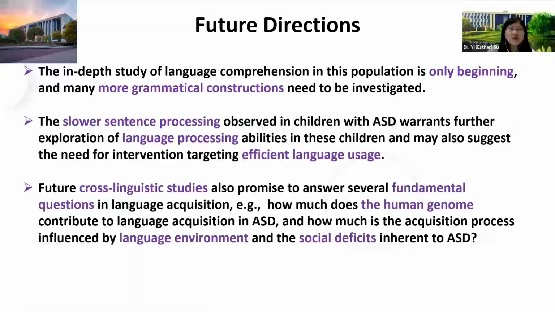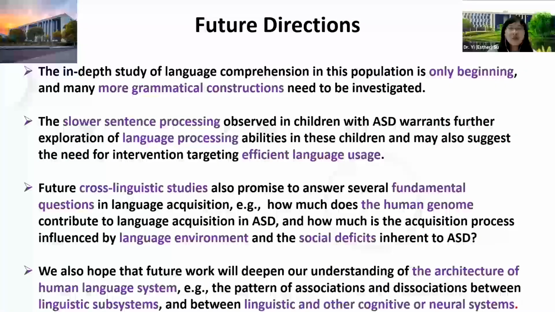Cross-linguistic studies are also warranted, and more studies are needed to understand the architecture of the human language system, to see the dissociation between linguistic subsystems and other cognitive or neural systems.